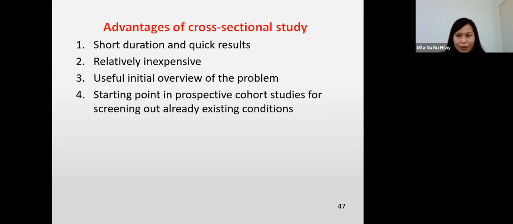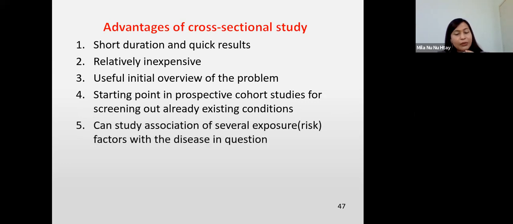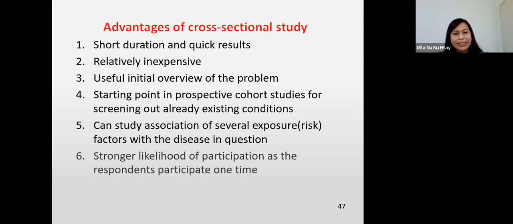Hybrid design means they start with a cross-sectional study, exclude all the pre-existing cases, then from the disease-free population, the exposure group and the non-exposure group, they follow up. So it may be used as the starting point in a prospective cohort study for screening out already existing conditions. Then we can also identify the association between multiple exposure factors and outcomes at the same time point.